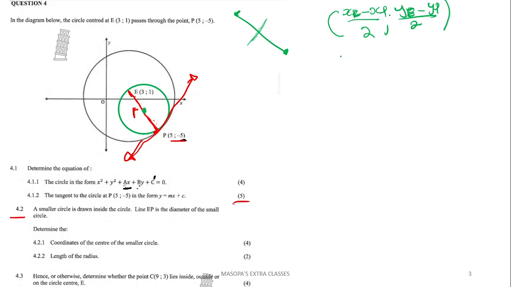And then you're going to see your x value of E, 3, your x value of P, which is minus 5, so we get 5 over 2 for the x coordinate of the center. Then the y value of E is 1 minus the y value of P, which is minus 5, over 2. Then you get 4 is 2, negative 2.